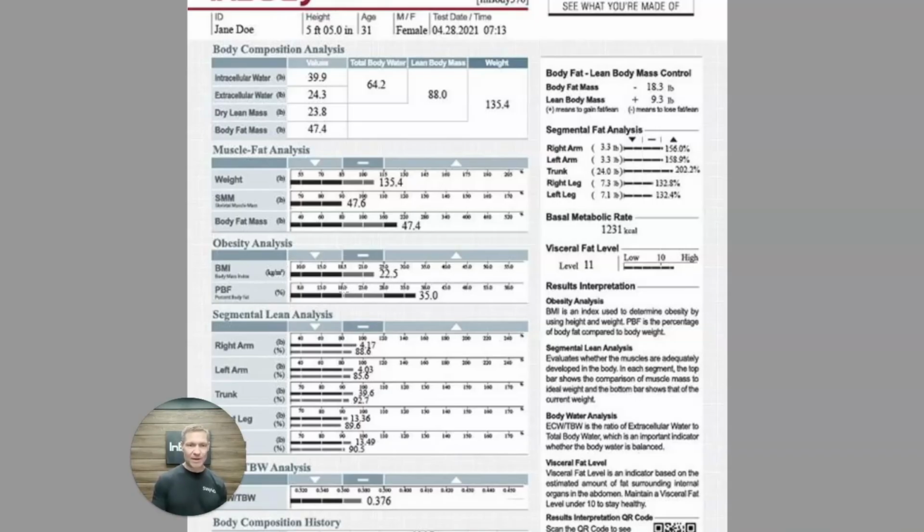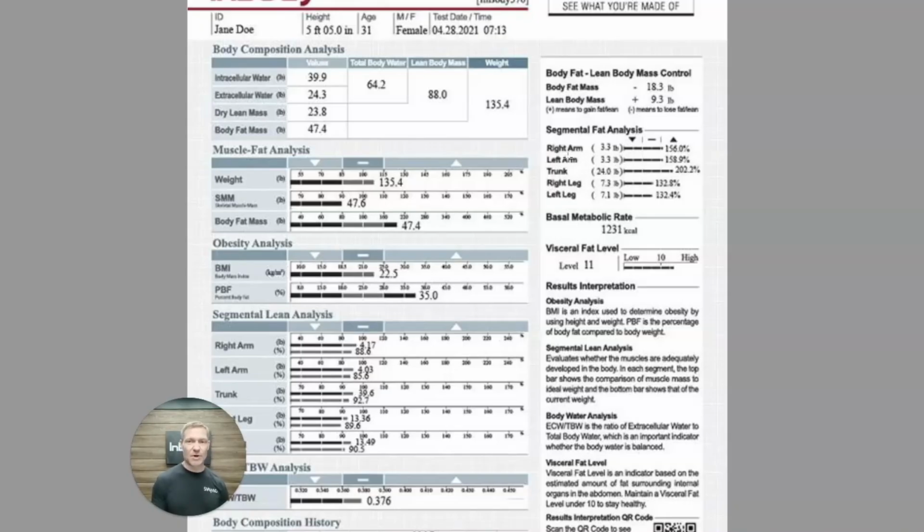And for women, 18 to 28% body fat is typically a healthy range. So my goal would be to get you somewhere in this gray area. Does that sound like something you'd be interested in? Yeah, and just let them answer, right? And so from here, you might pop over to visceral fat, or you might pop over to segmental fat analysis.